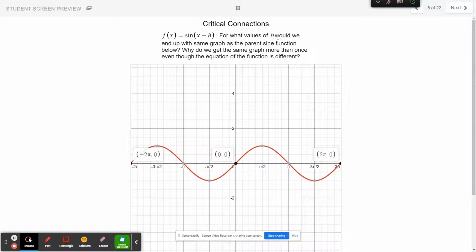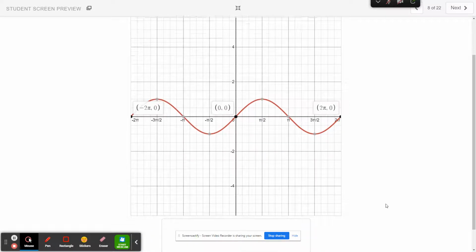So for what values of h? 2 pi, 4 pi, 6 pi, negative 2 pi. So any even coefficient times pi would work. You could write k pi, where k is an even integer, as one way to do that.